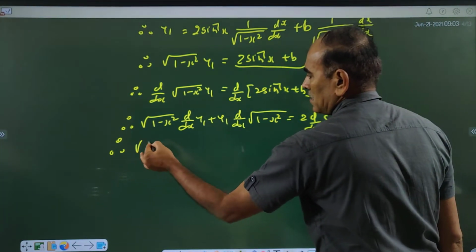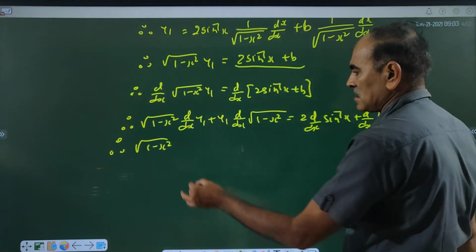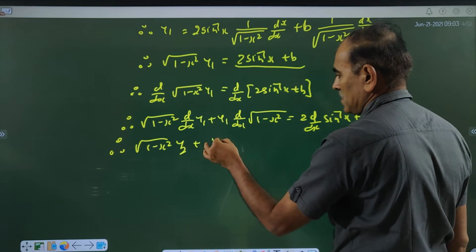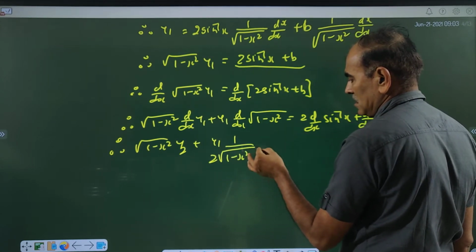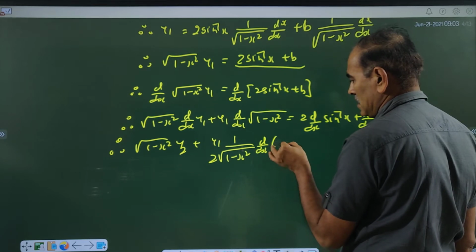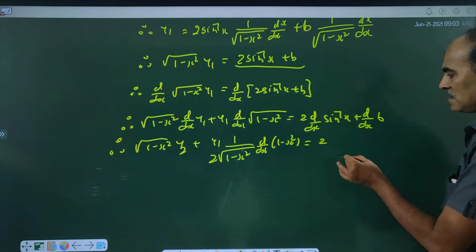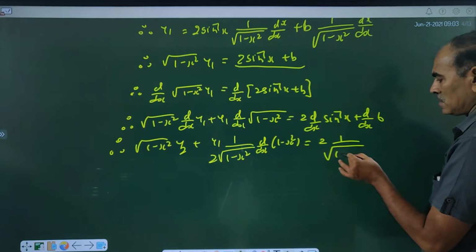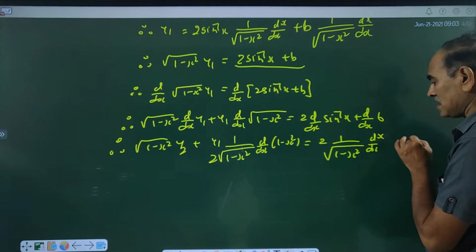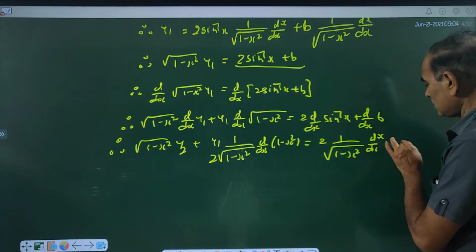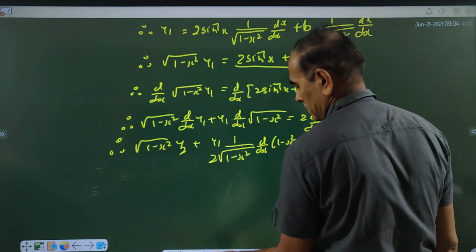And therefore, under root 1 minus x square, what is the derivative of y1? It is nothing but y2, plus y1 times the derivative of root of something, 1 over 2 root something times d by dx of something. On the right side, 2 times 1 upon under root 1 minus x square, d by dx of x, plus 0.